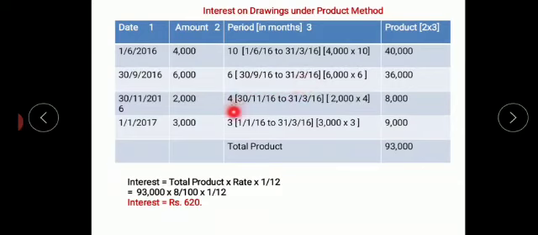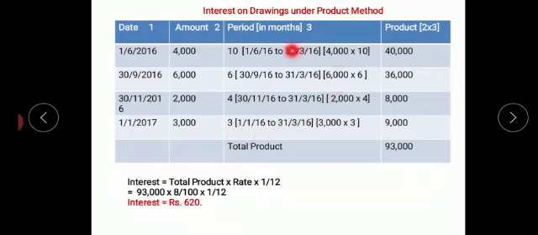Next, on 30th November, till the end of the year, till March, it is 4 months, that is December, January, February, March. And the last one is on 1st January, so only 3 months: January, February and March.